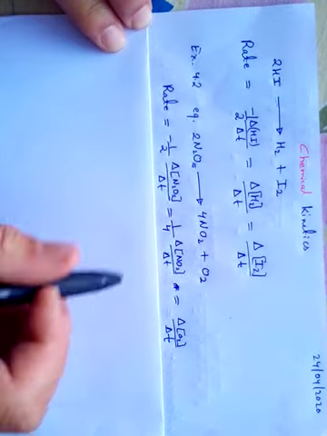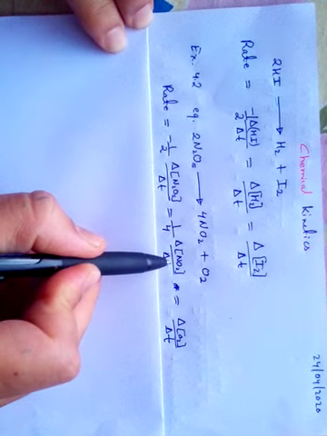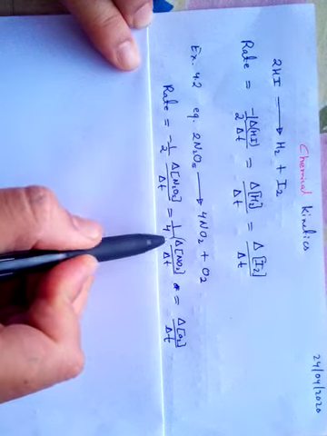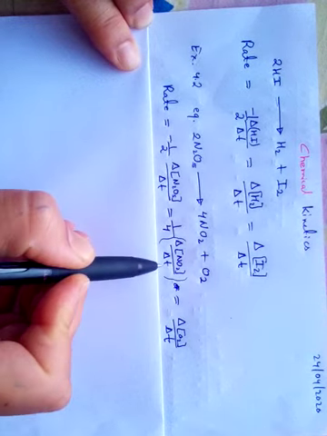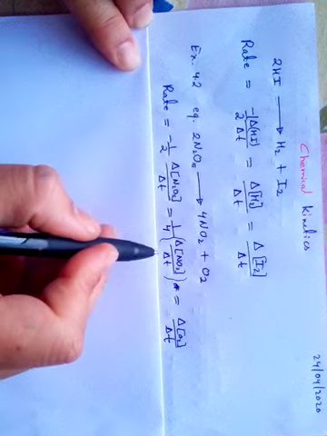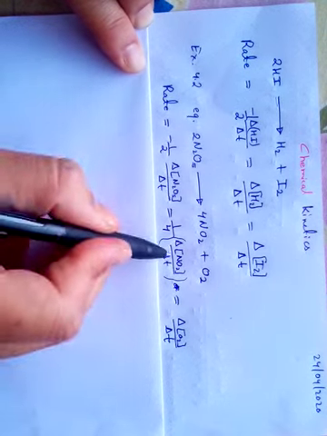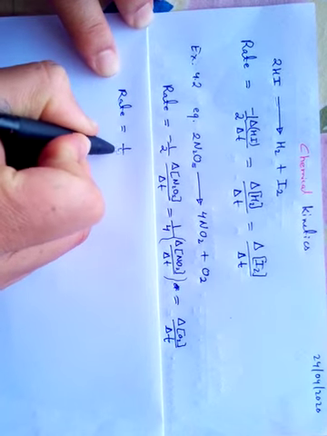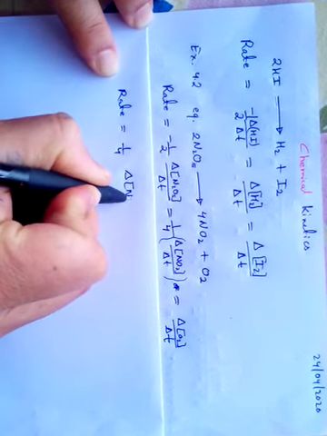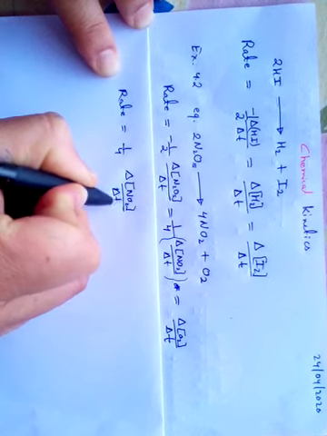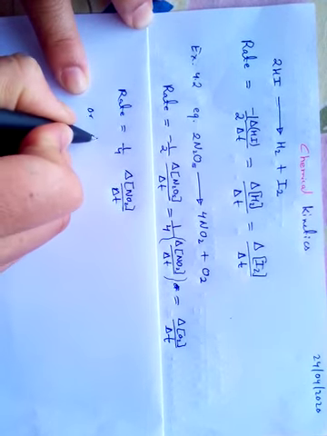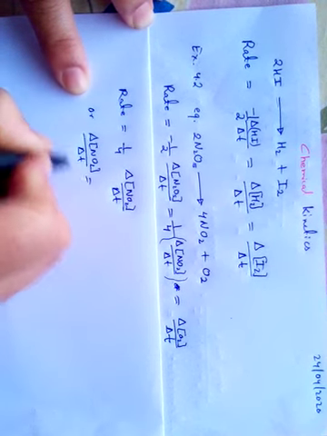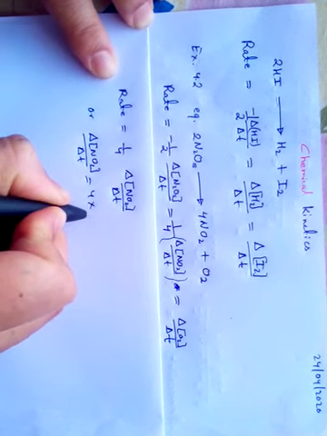Now the second part of the question is what is the rate of the production of NO2? That is the question, right? So this much is the rate of the production. So you can say that rate equals 1 by 4 delta NO2 by delta T. So the rate of the production of NO2 equals 4 into rate.